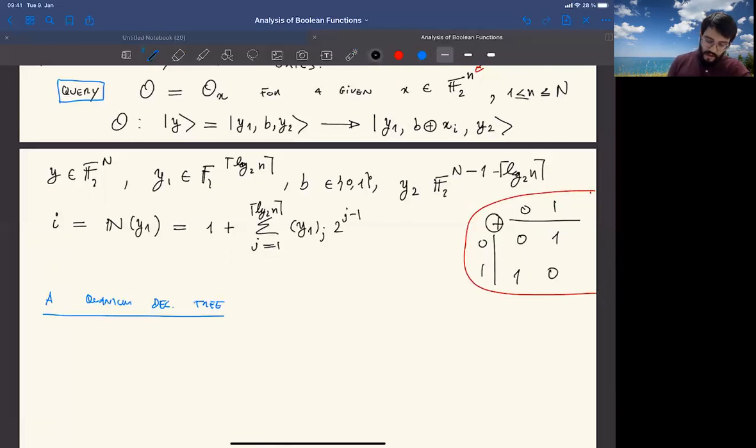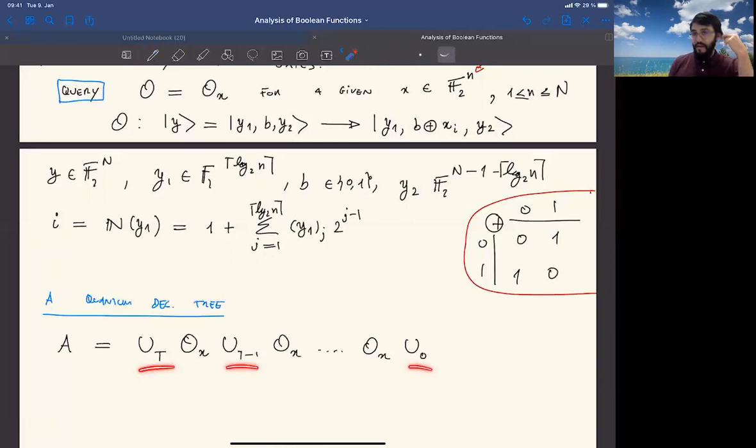What it is is just A, which is a composition of unitary operators U, which can be any, and then you apply the same O of X. So this is the attempt of the quantum computer to compute the variable X and to give an answer.